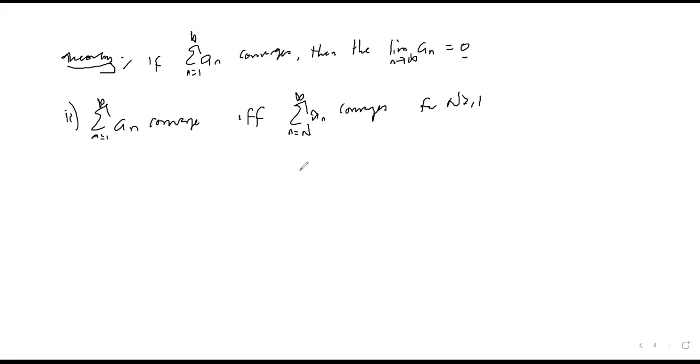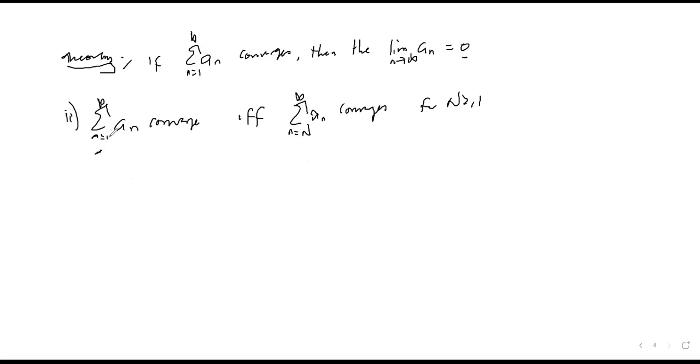So this is like forcing itself to be some kind of a comparison test, but not necessarily the comparison test. So where you're saying, okay, if I have this sum from n equal to 1 up to infinity, well, this is going to converge if and only if I'm able to pick some number M that is bigger than that 1. So it means that you have lifted the starting point.